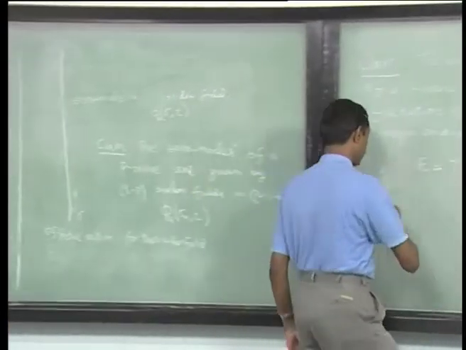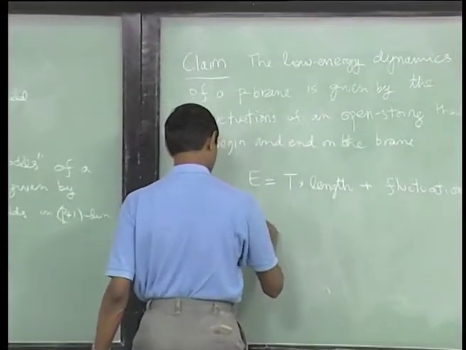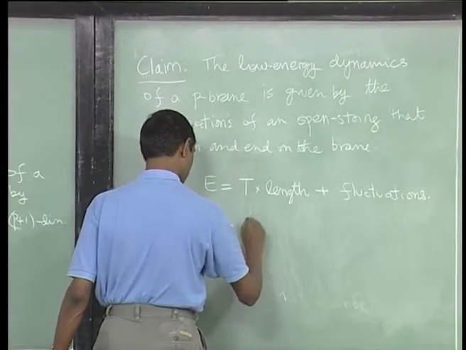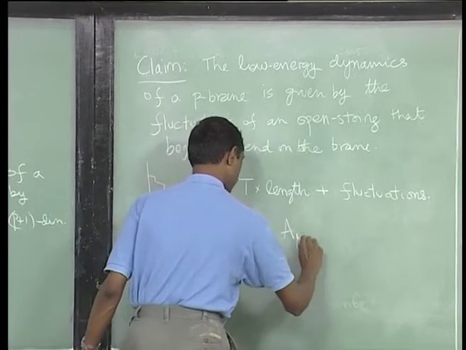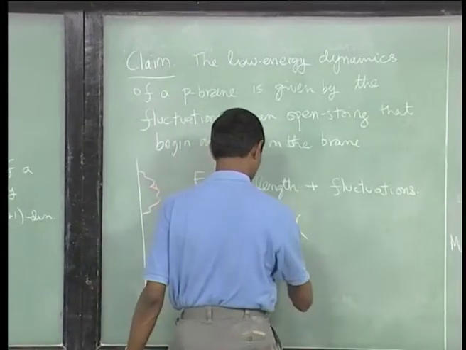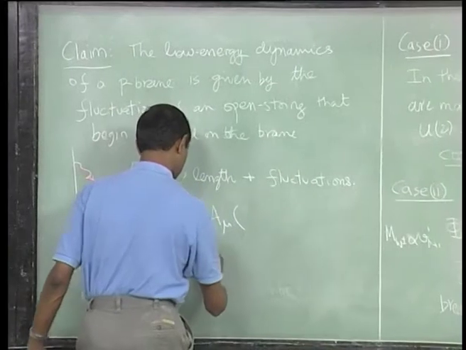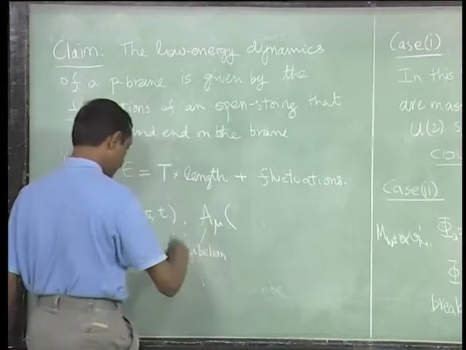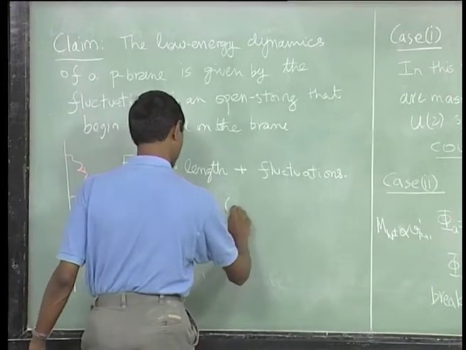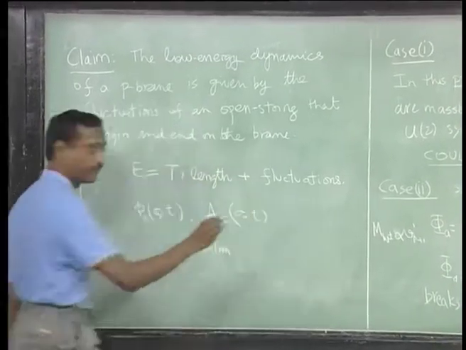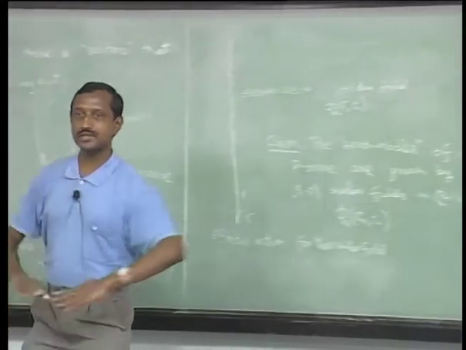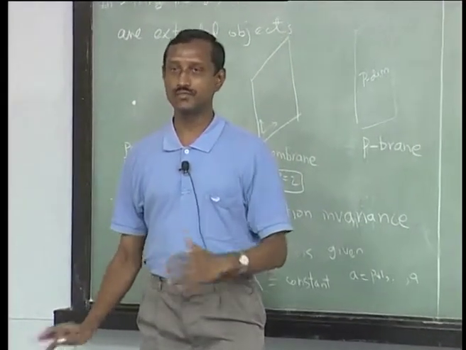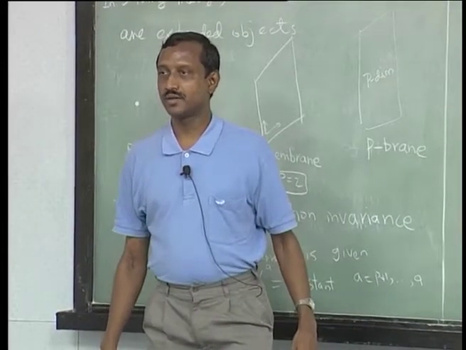So there is a phi a, using the same notation, a function of sigma alpha and t, but there is also a gauge field A mu, which is an abelian gauge field. This is a very important step; it gives you a completely different field theory than you would have had.